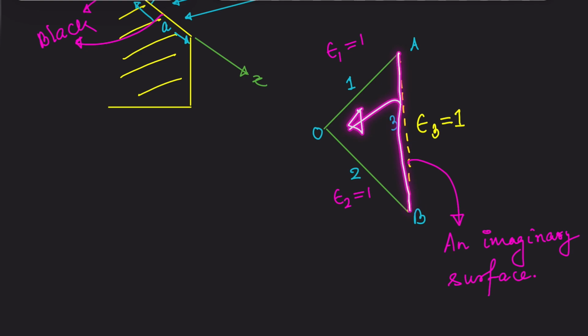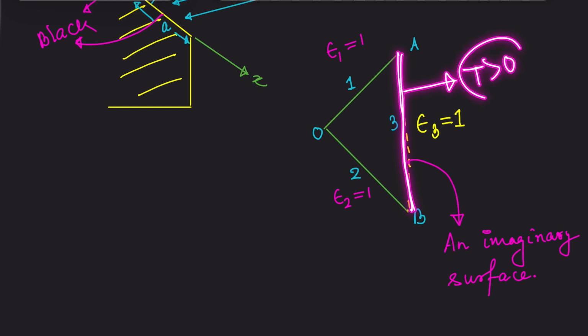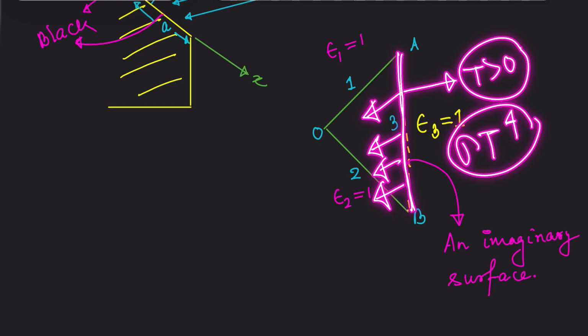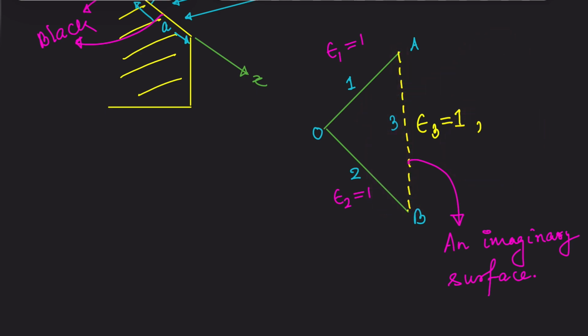Because in reality, according to the problem statement, there is no physical surface. That means if I take any temperature greater than 0, then I have to consider this extra emission, that is sigma T to the power 4. But there is no such practical surface having a temperature greater than 0. That means I cannot have the temperature of the surface greater than 0. That is why I take epsilon 3 equal to 1 and T equal to 0.